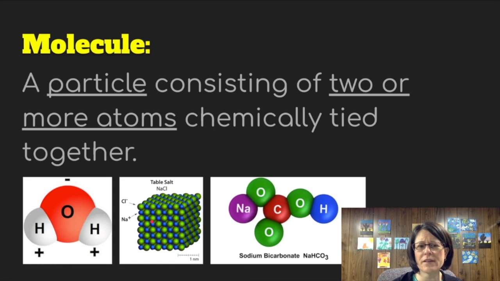And so we can use this model to help see why it is the shape it is. And then sodium bicarbonate, baking soda, this is how all of the atoms fit together to make a molecule of sodium bicarbonate. So these models help us to picture what these look like.